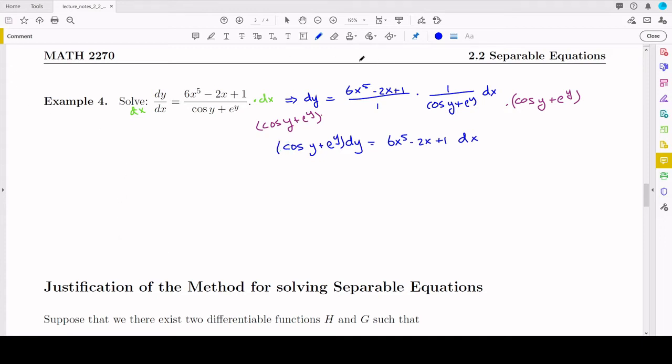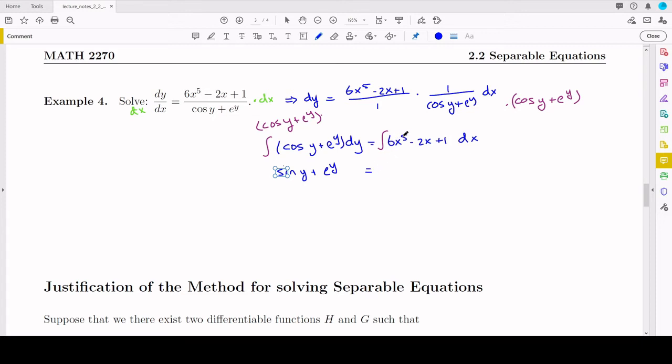And then we're going to integrate both sides, and we get the antiderivative of cosine of y dy. That is just sine of y. And the antiderivative of e to the power y is e to the power y. I'm going to hold off on the constant of integration because that will show up on the other side.